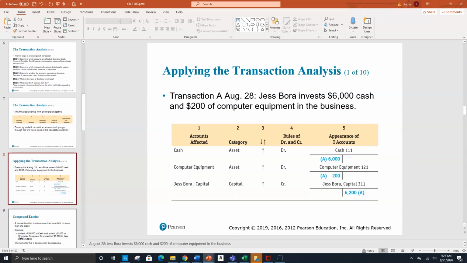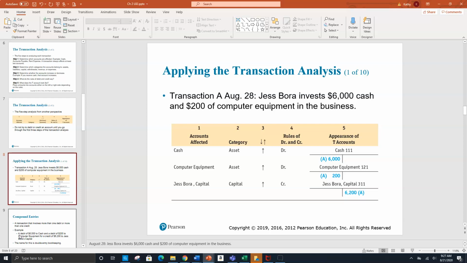Okay, now we're going to apply this. For the next 10 slides, we'll be learning how to classify each transaction, and we'll go through a lot of transactions. Transaction A, on August 28th, Jess Bora invests $6,000 cash and $200 of computer equipment in the business.